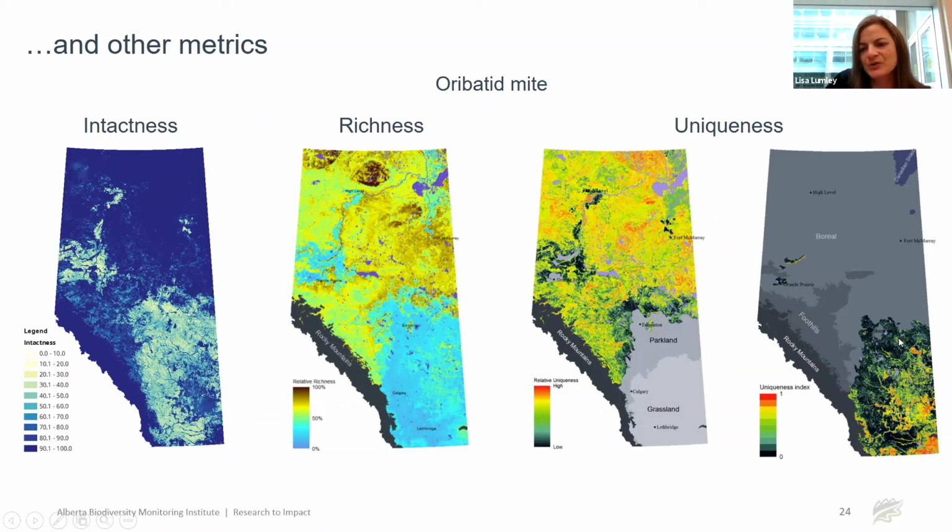Southern Alberta is also quite interesting for species uniqueness, where the military bases, which are quite high in natural habitat, have higher uniqueness, along with the river valleys, and the farther extreme southern regions of the province are high in species uniqueness.